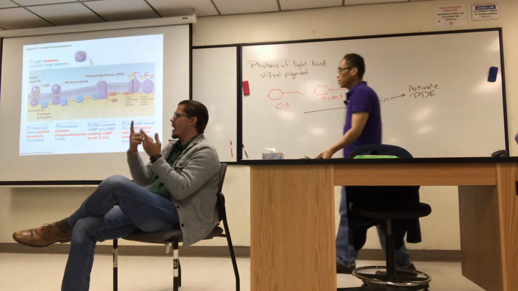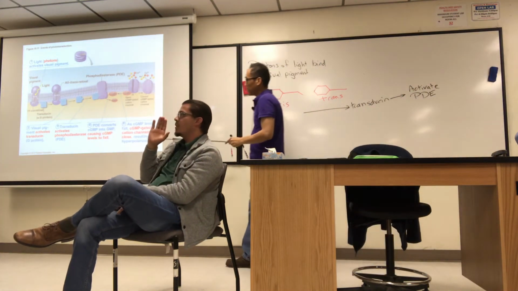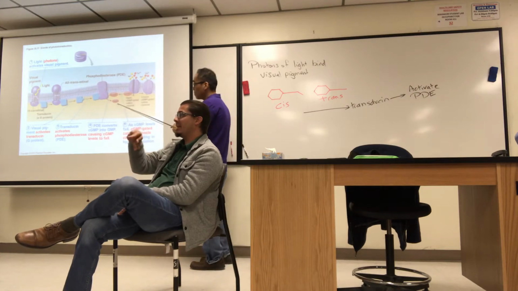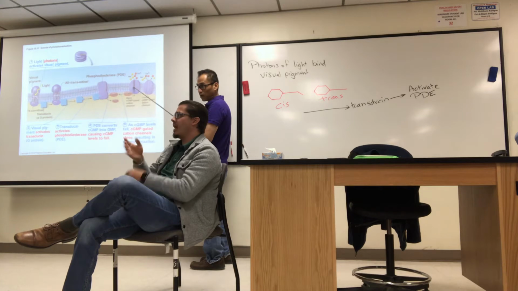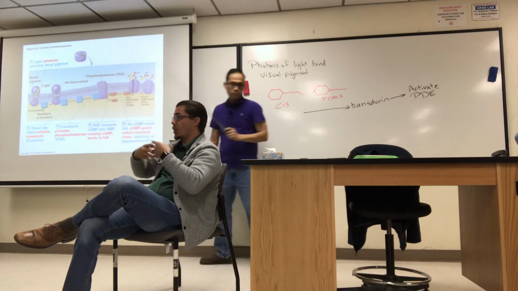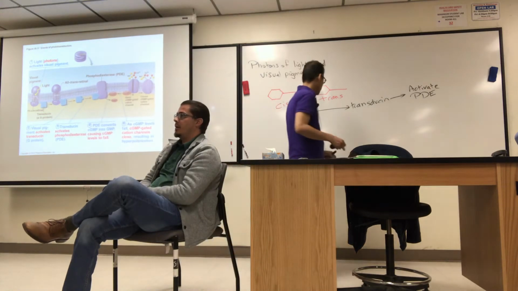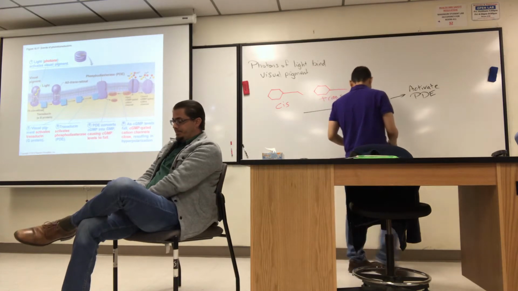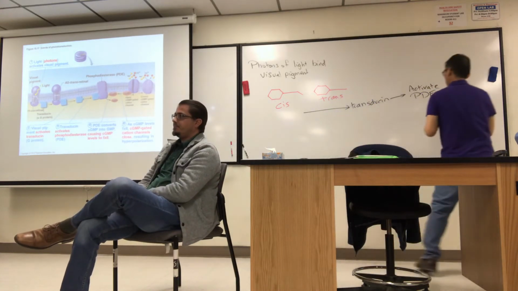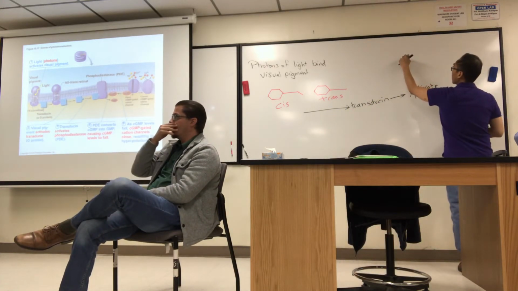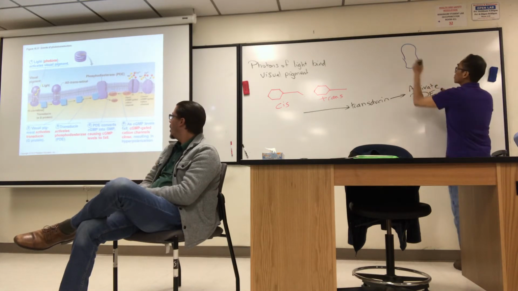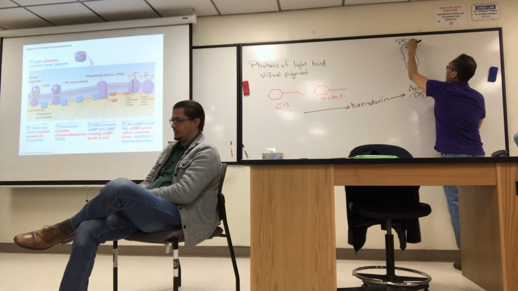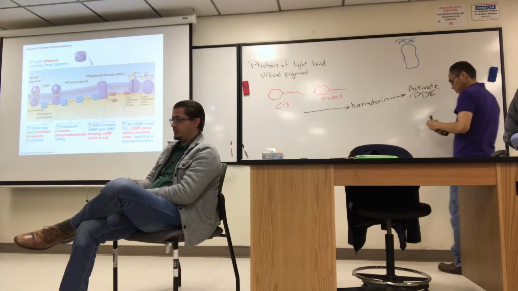It's going to take your cyclic GMP and convert it to GMP, getting rid of the thing that keeps the gate open on the dark current. So PDE is a molecule that converts cyclic GMP to GMP.